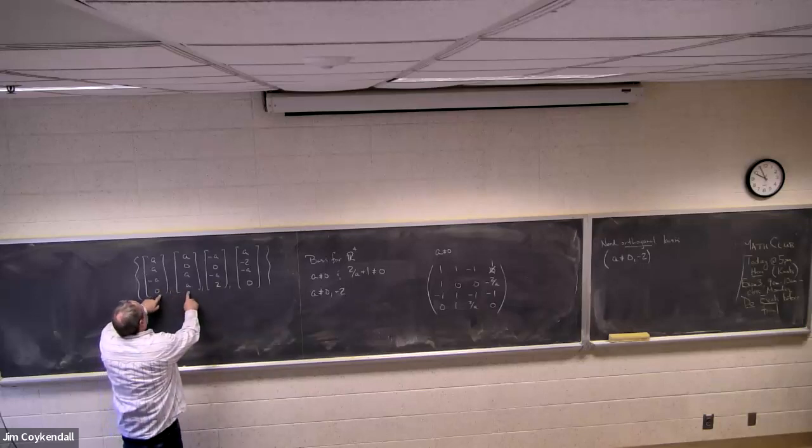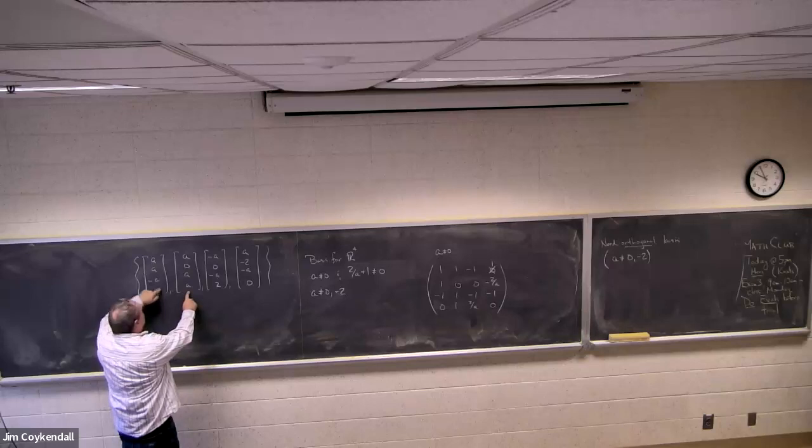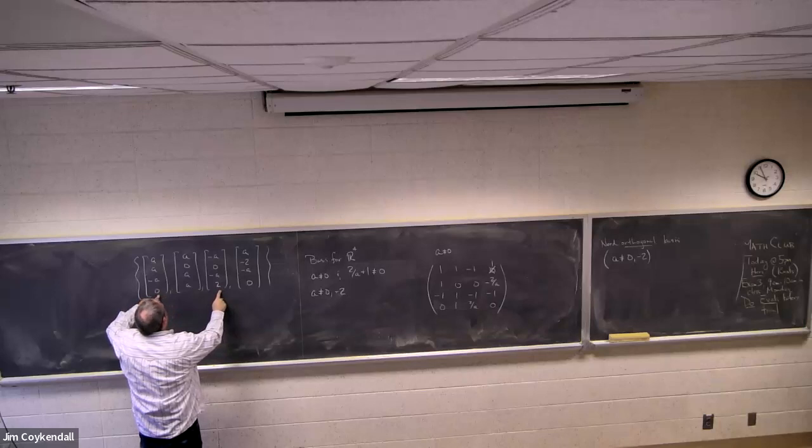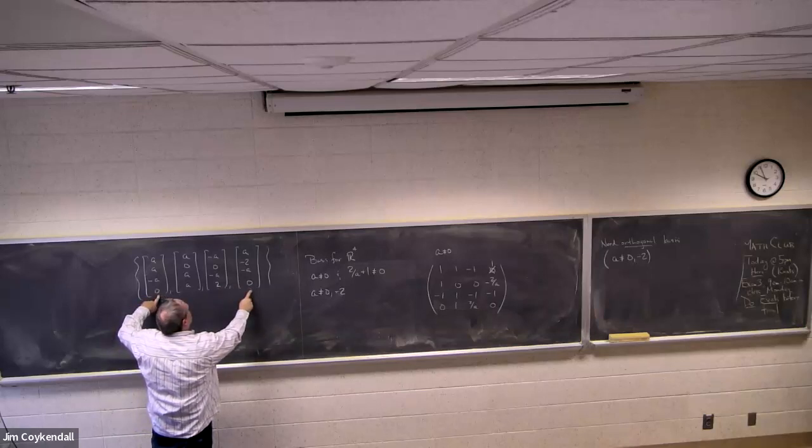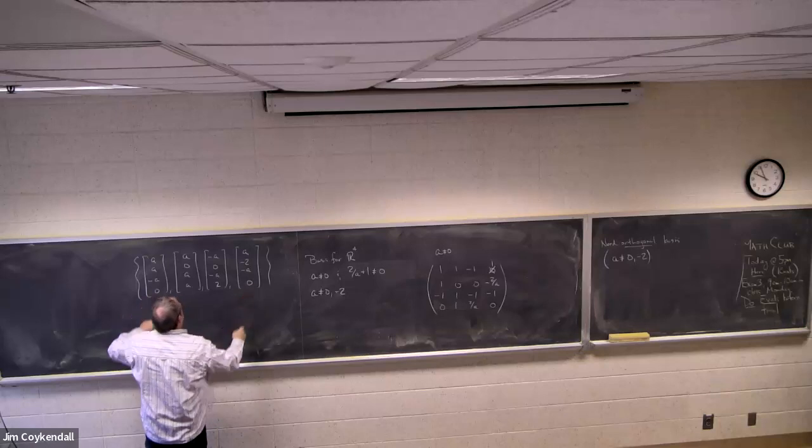The product of these two is automatically 0 because it's A squared minus A squared. The product of these two is automatically 0 because it's minus A squared plus A squared. The product of these two gives me 2A squared minus 2A.